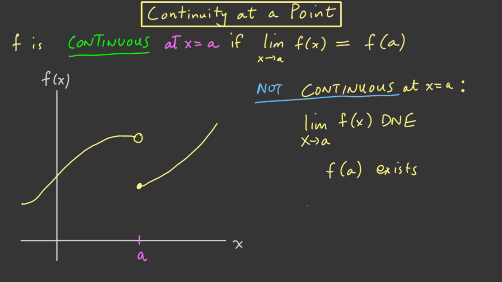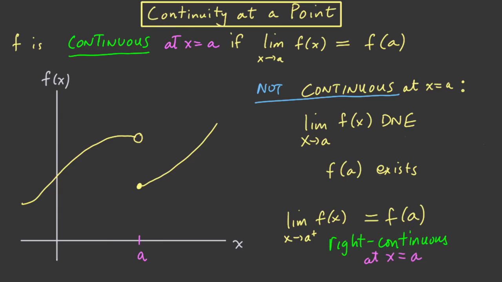Something to notice here, we don't have an overall limit, but we do have the limit of f of x as x approaches a from the right, and that does happen to be equal to f of a. So when that happens, we say that f is right continuous at a. And we can have a similar definition for left continuous.